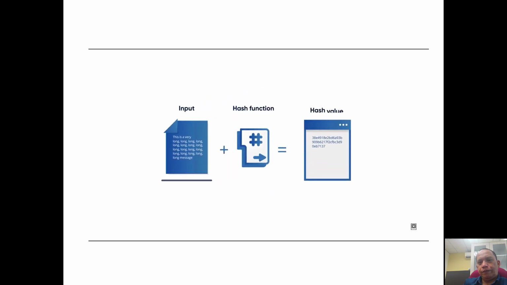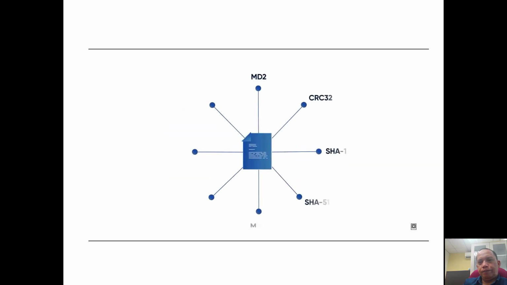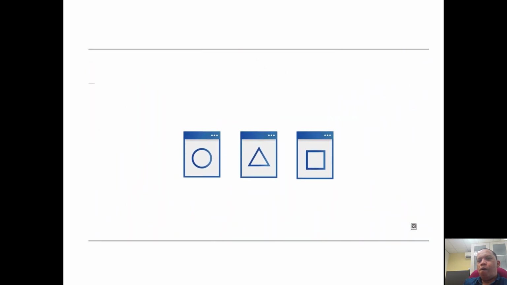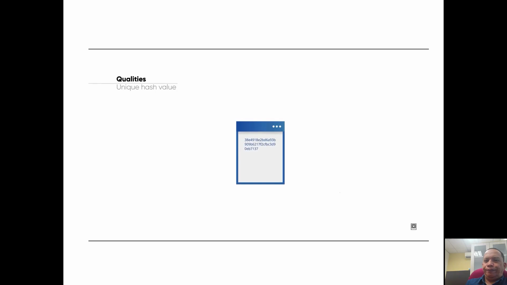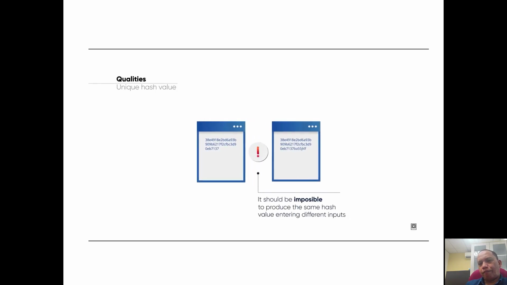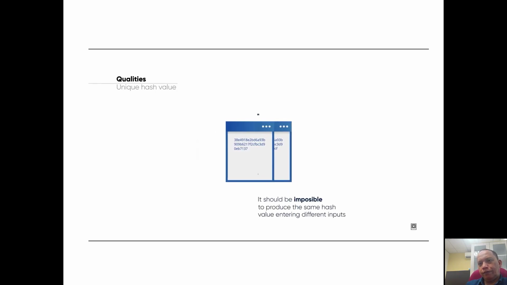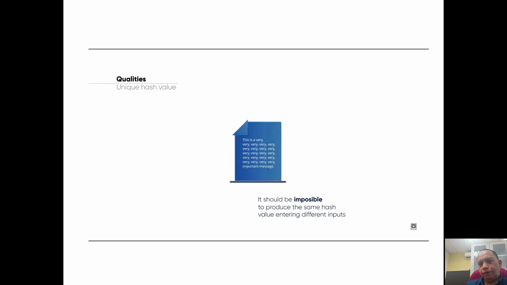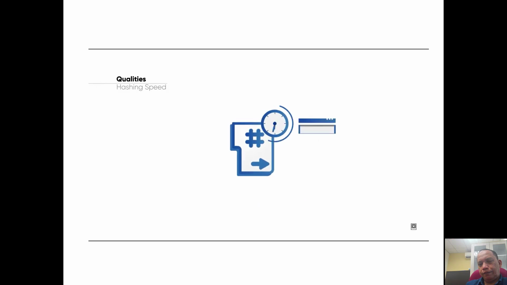And the output is now a hash value. This means that it would be impossible to produce the same hash value entering different inputs, and therefore the same message should always produce the same hash value. The hashing speed is also an important factor.